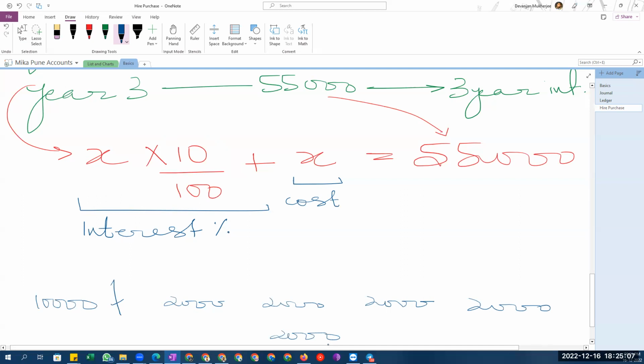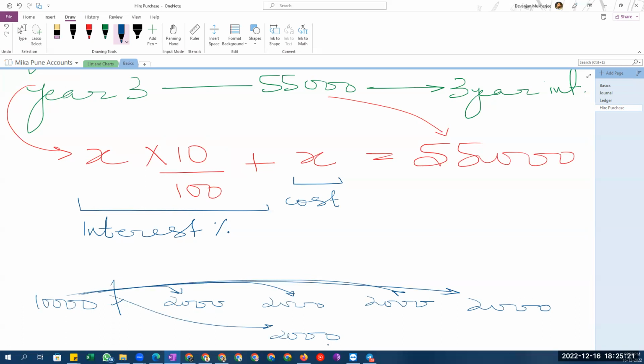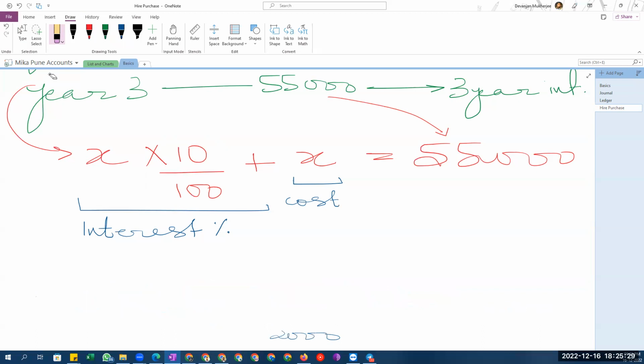Just for explanation, if I took a loan of 10,000, and paid back 2,000 each year for four years, then in the fifth year 2,000 is left. Over the years I have paid back some money, and in the end, I am paying 55,000.